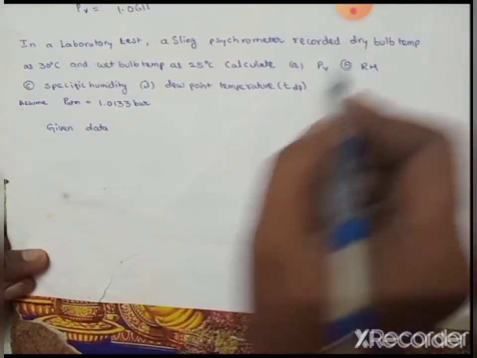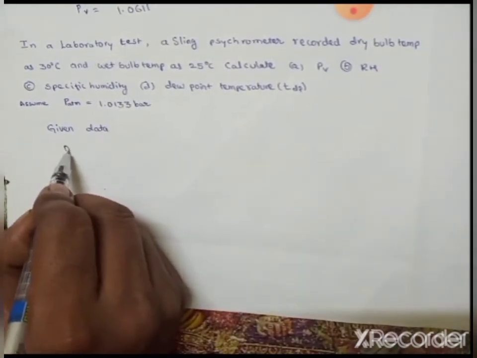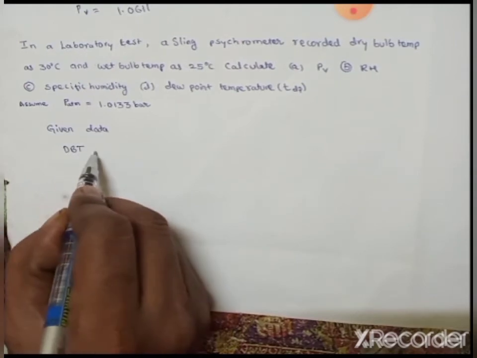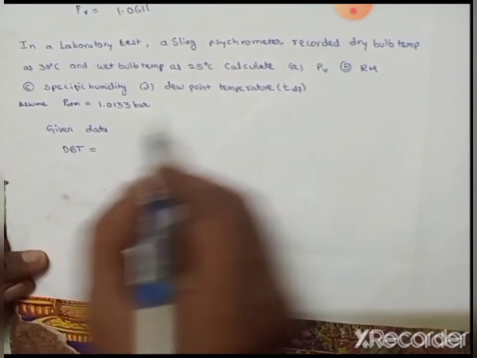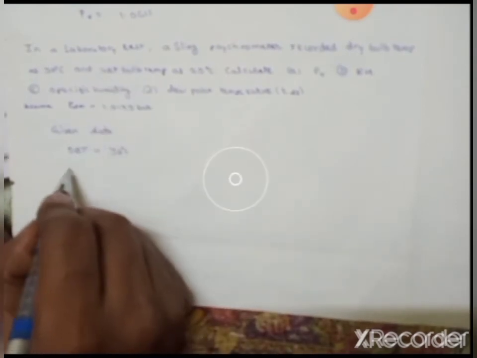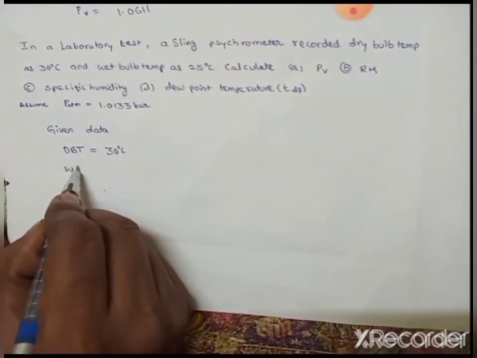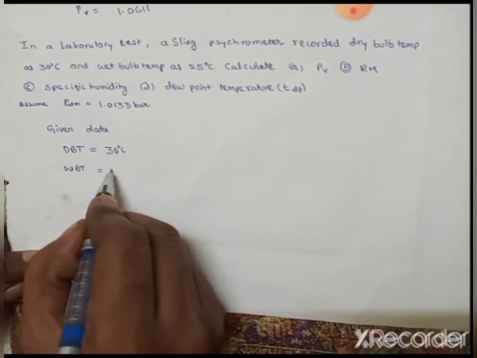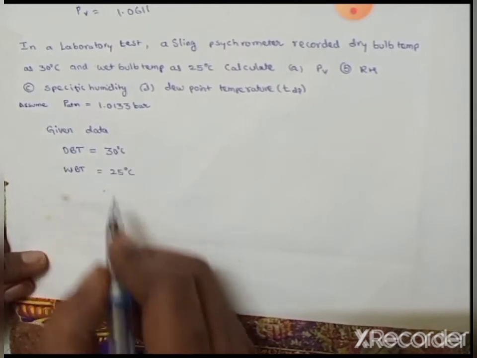The recorded dry bulb temperature is 30 degrees centigrade. The wet bulb temperature is 25 degrees centigrade.